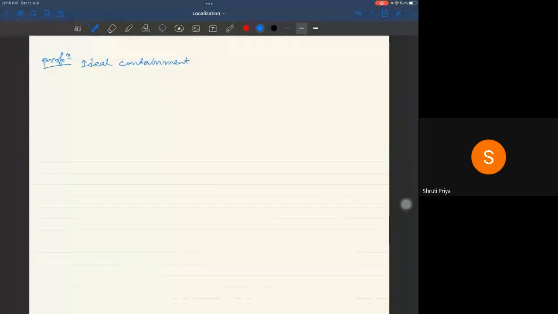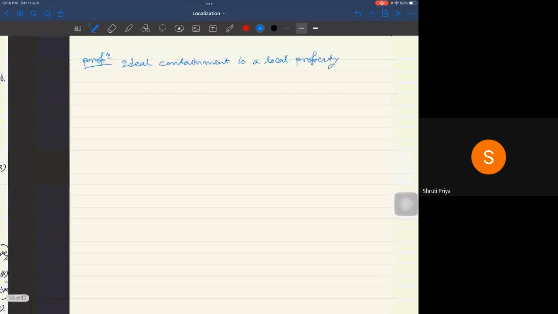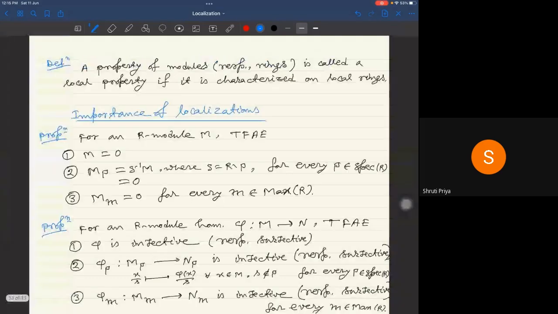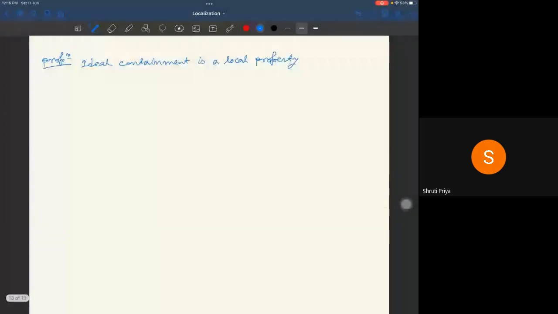So this ideal containment problem is also a local property. Okay, so what I mean by that, you consider this is the first one.